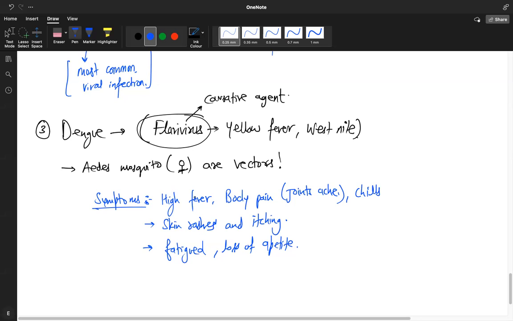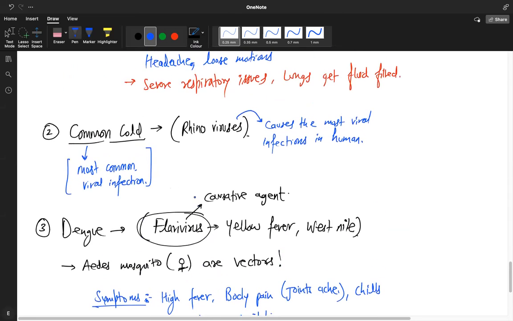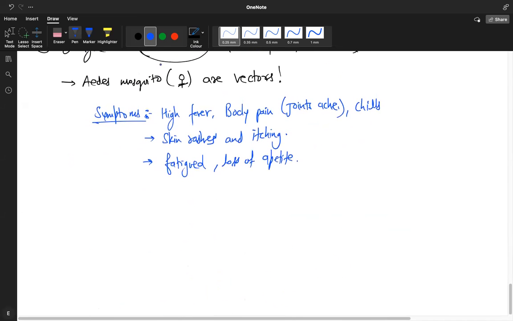So these were some diseases happening through viruses. Any doubt, people? No, sir. Okay, so again, I'm giving you this homework. So write down, this is your homework 2. You have to find along the same lines 3 more viral infections which are common.